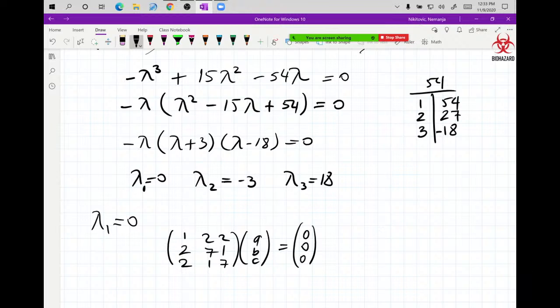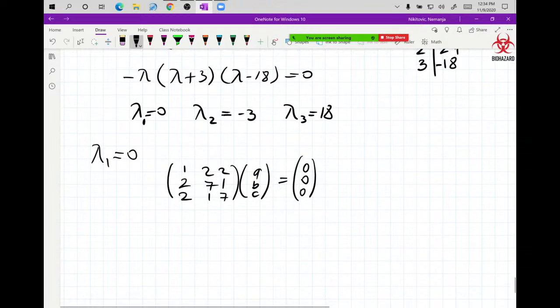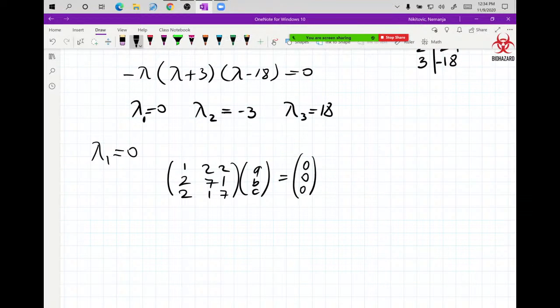Now, there is a row reduced echelon form for your TI-83/84 calculators, which is something that, we'll see. Let's see what we can get over here to work this out. 1, 2, 2, 2, 7, 1, 2, 1, 7.